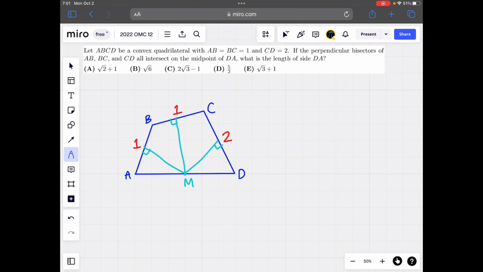And M lies on all three perpendicular bisectors. So we know that MA equals MB, MB equals MC, and MC equals MD. Let's call that common length R.